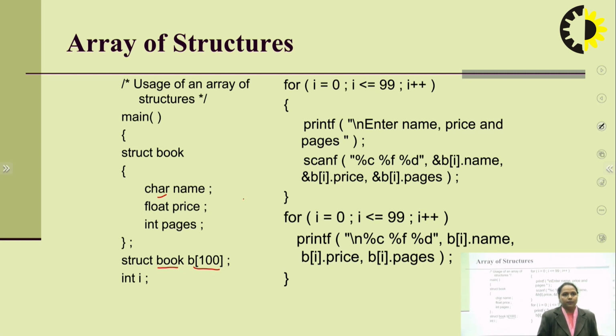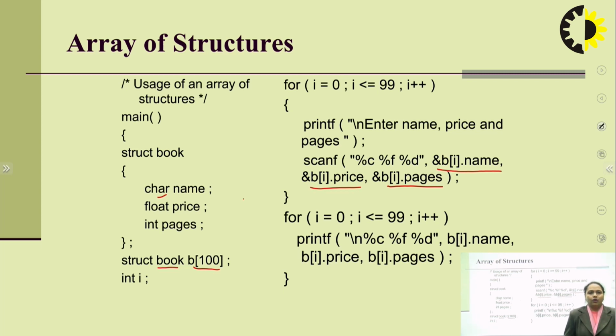The second method is to declare an array of structure type, and it will store data in the form of a list. A record has been created which will contain 100 entries, and each entry will have 3 different fields, that is name, price and pages. So within the for loop, we have written enter name, price and pages, and scanf with b[i].name, b[i].price and b[i].pages.